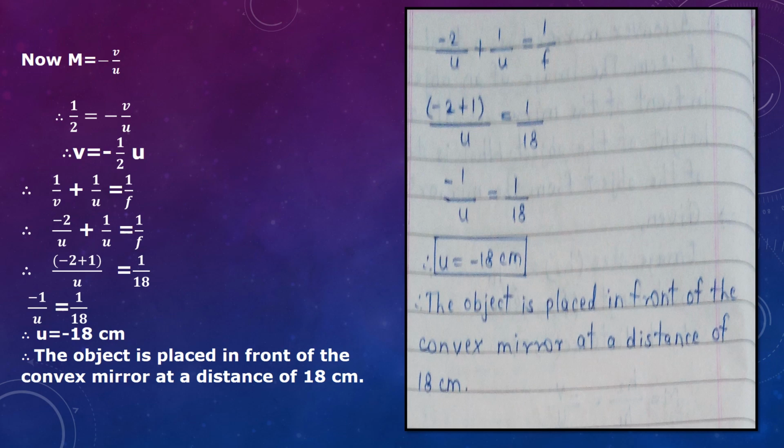Now we know M is equal to negative V upon U. So M we got here 1 upon 2.